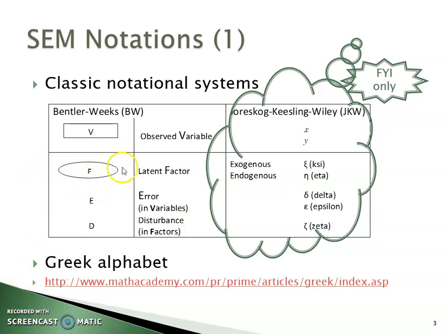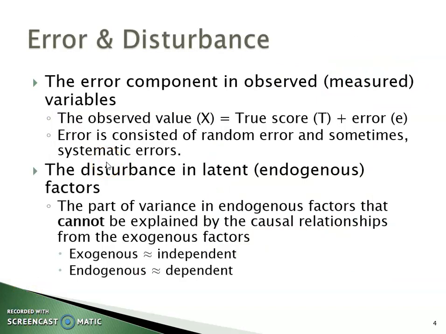If you have latent factors in your model, you need to use the oval shape to represent the latent factors. For observed variables, you use the rectangular shape to represent them. If you took a measurement course before, you would know that the observed score is made of two components. It doesn't matter what you are measuring.